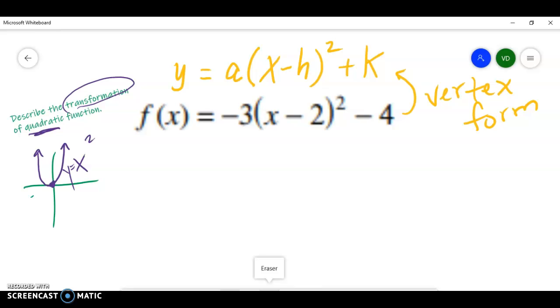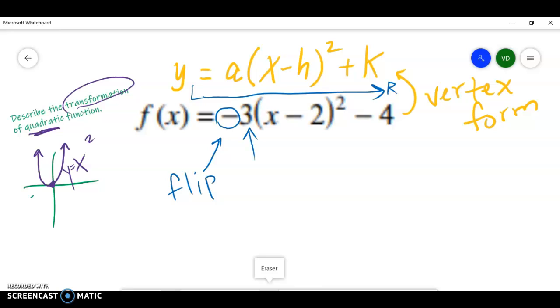What I like to do is read it from left to right. I start at the equal sign and work my way to the right, just like reading words in a book. As I move through my equation, the negative sign is going to make it flip. The a value is going to make it stretch.